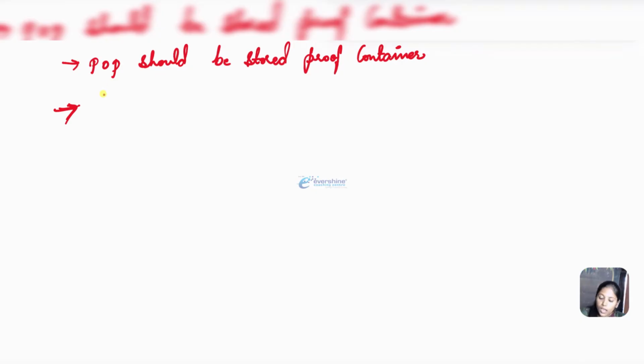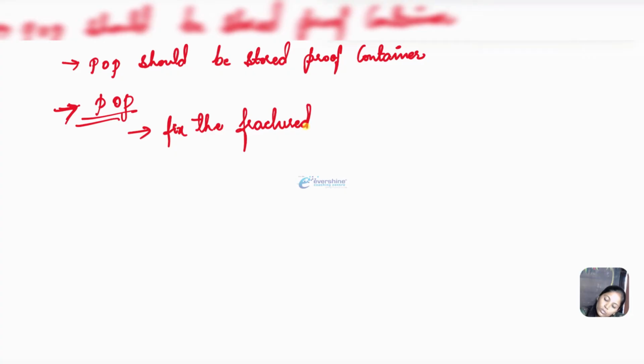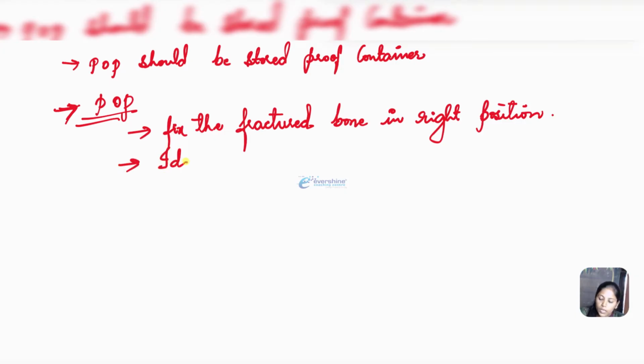And then they may ask the use of POP also. POP is used to fix the fractured bone in the right position. And also it is used to make some idols, statues, and decorative items.